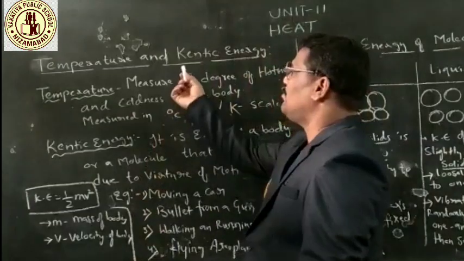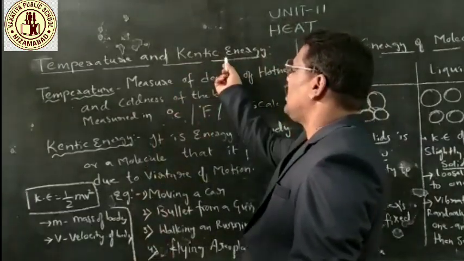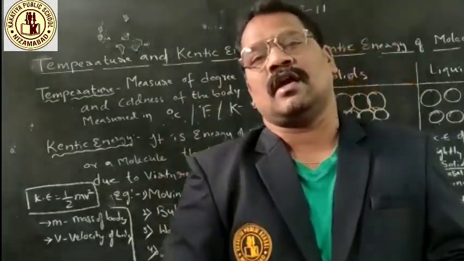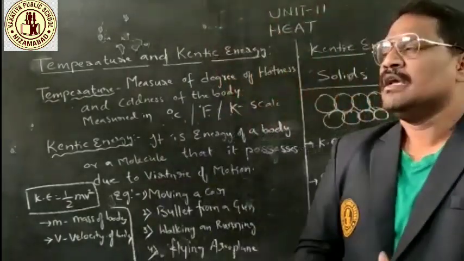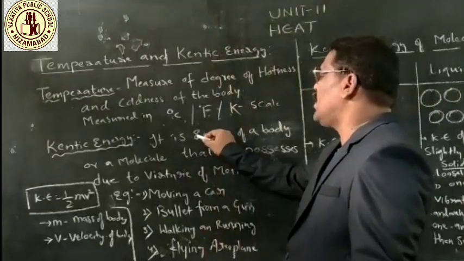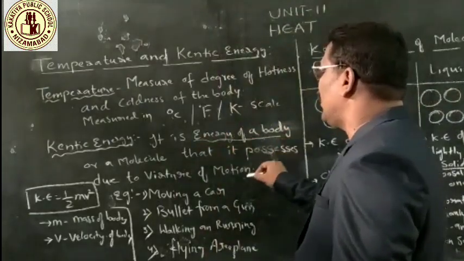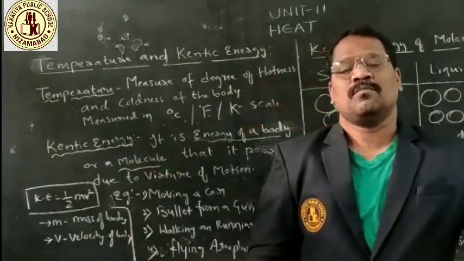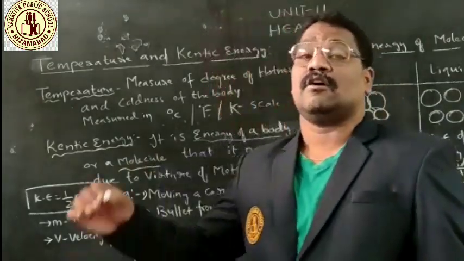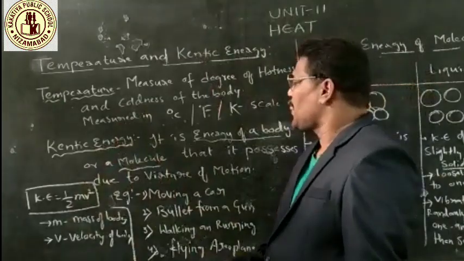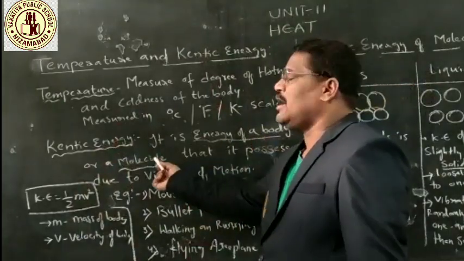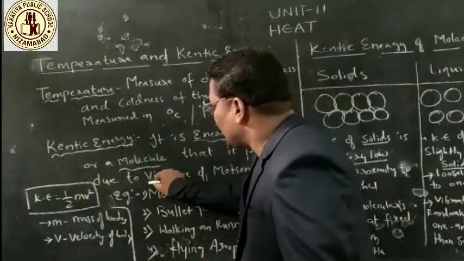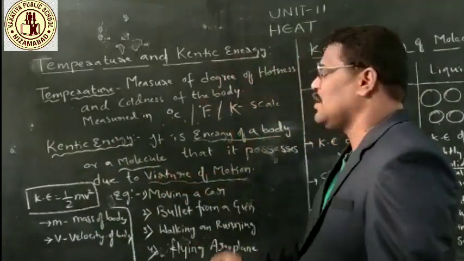That is regarding temperature. Coming to the next one, kinetic energy. What is called kinetic energy? It is the energy of a body or a molecule, as we are discussing molecules. Kinetic energy is the energy that a body or a molecule possesses by virtue of its motion.